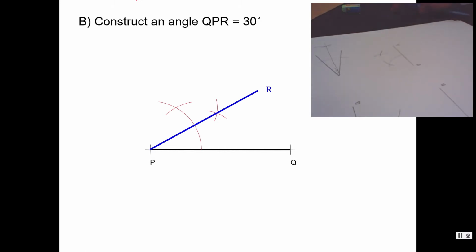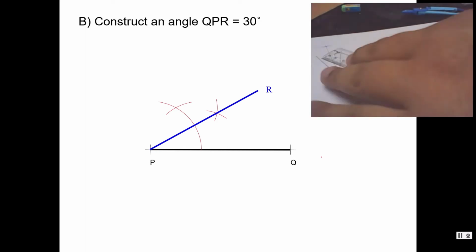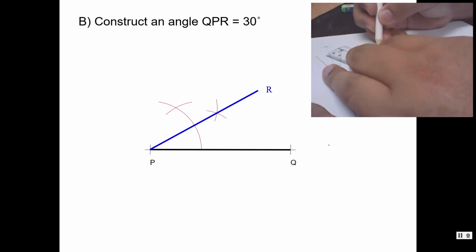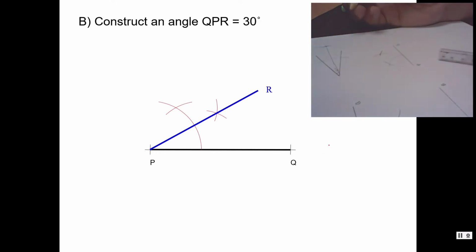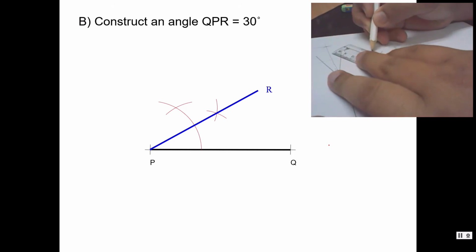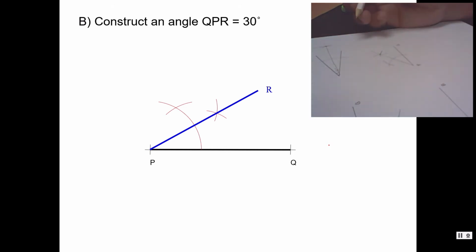So you are going to get the 60-degree point, and then draw the line. So this is 60 degree. Sorry, this is 30 degree.